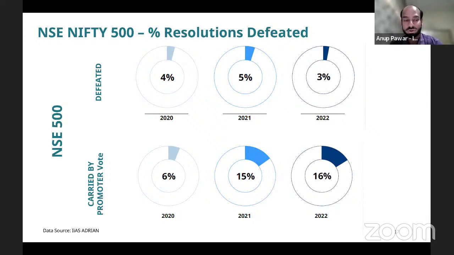So that number below shows what are the percentage of resolutions that were carried only because the promoters voted. And that number, if you see, is quite high. It's around 16% in 2022, which means that because of promoter votes, they've managed to scrape through a large chunk of those resolutions. Otherwise, that defeated number would have been very high, right? Right from 3%, it would have been very high.